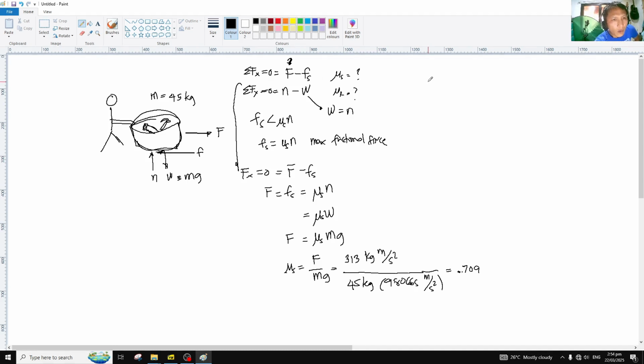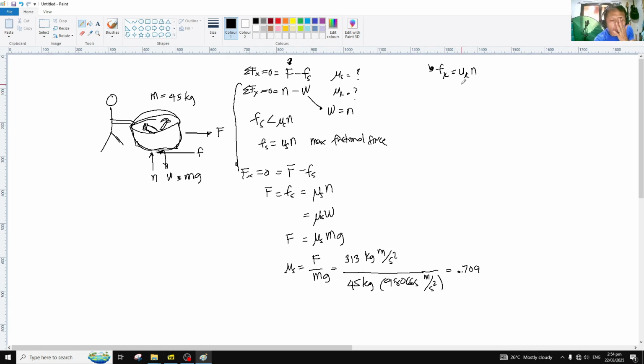Now, in terms of movement, the same equation applies, but only now, for the next one, your F of k is equal to your mu sub k N. While this one is lower in value.